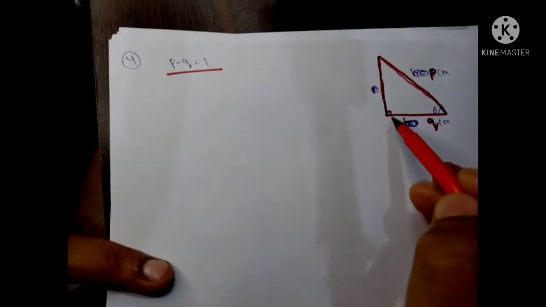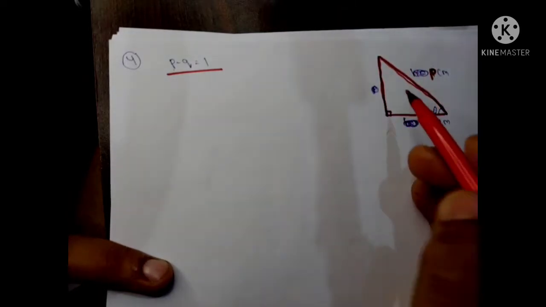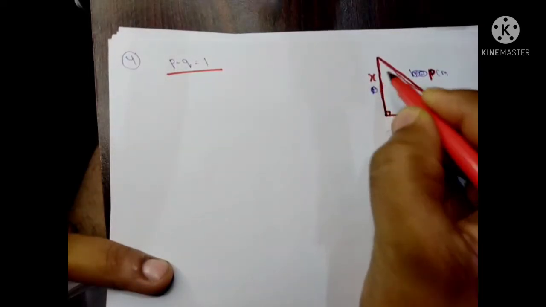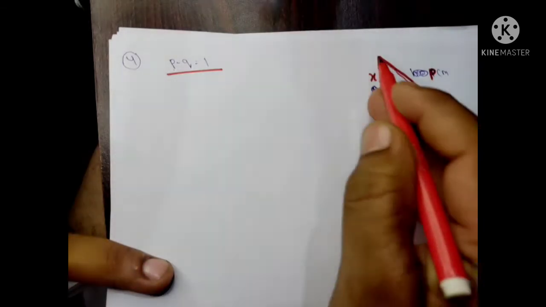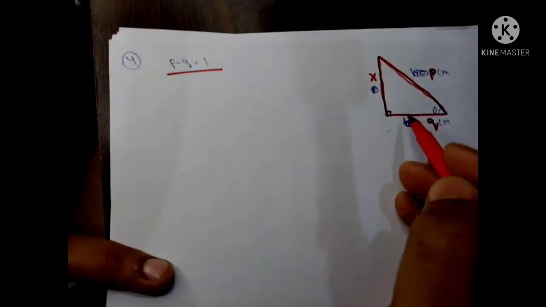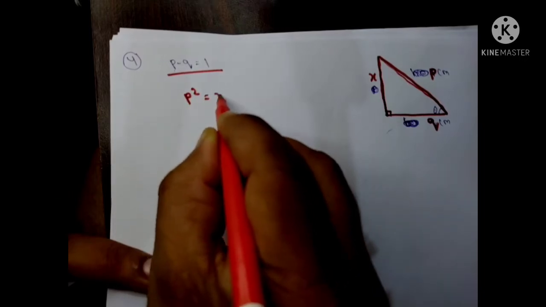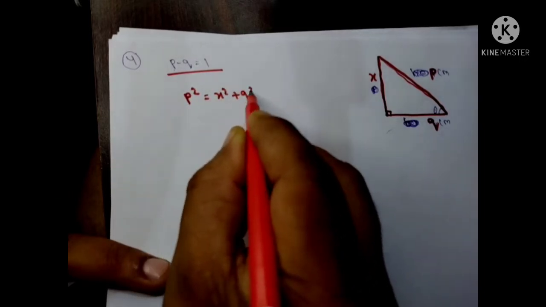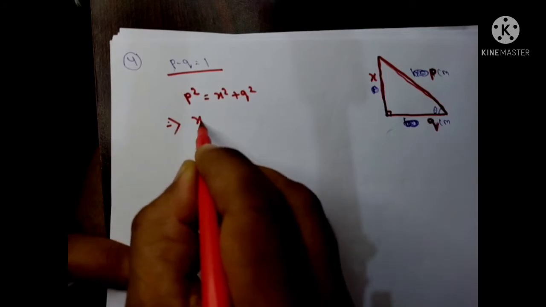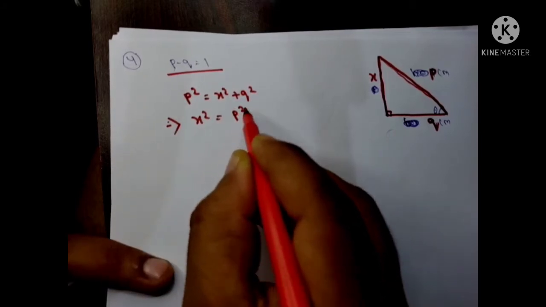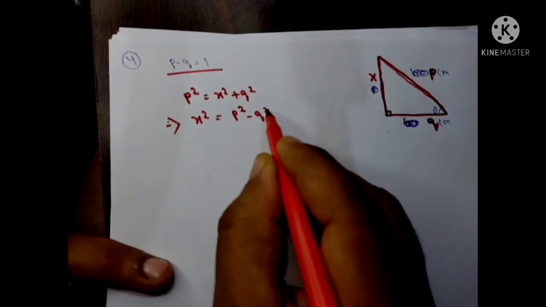It is also given that P minus Q is equal to 1. So in this right angle triangle, suppose the third side be X. If we apply Pythagoras theorem, then P square becomes X square plus Q square. That means X square becomes P square minus Q square.